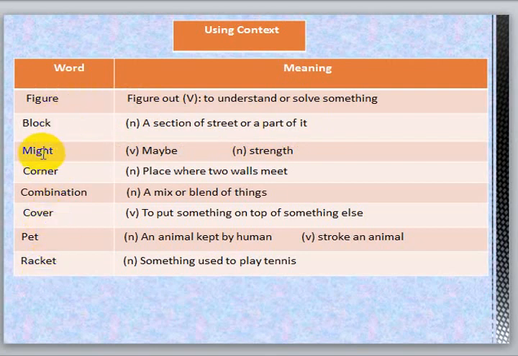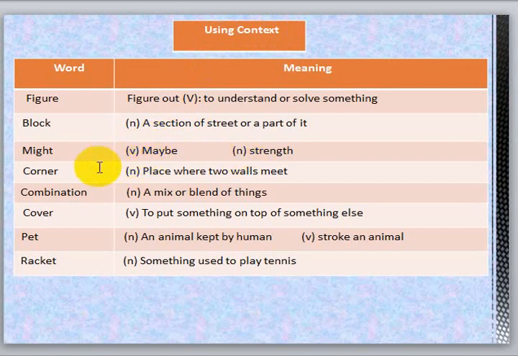Number three, might. Might as a verb means maybe, and as a noun it means strength. How can I know whether it's a verb or a noun? You must use the context to understand whether it's a verb or a noun.